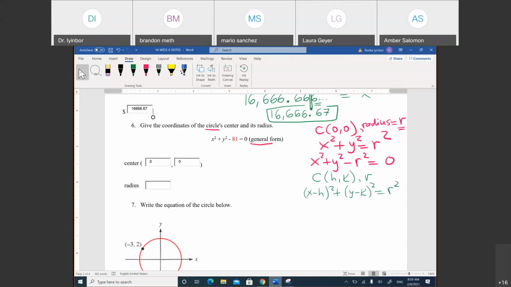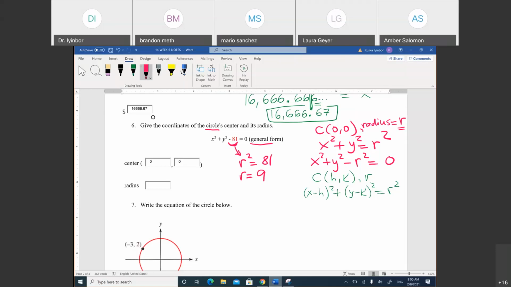Okay? Now, what is the radius? The radius in the formula is squared, right? So this 81 is going to give me the radius. So I know the radius squared is 81. So what is the radius? What number squared is 81? What times what is 81? 9, that's right. 9 times 9 is 81.